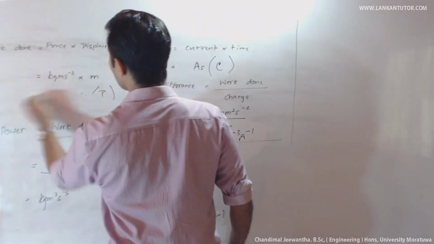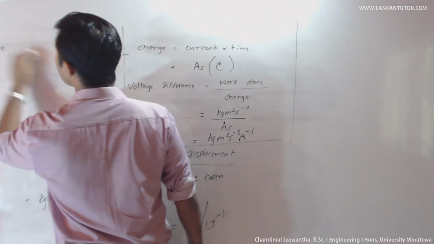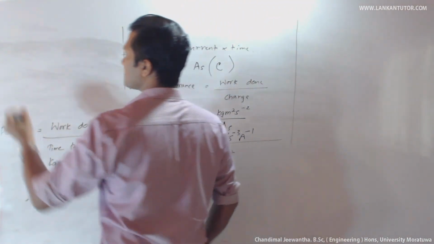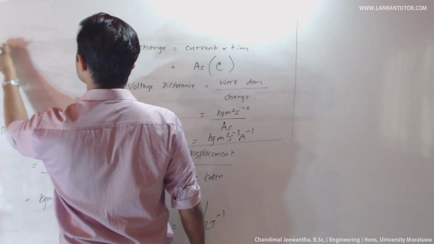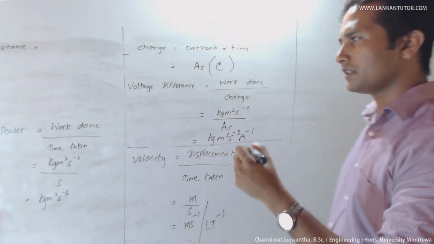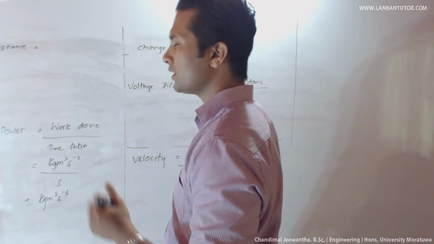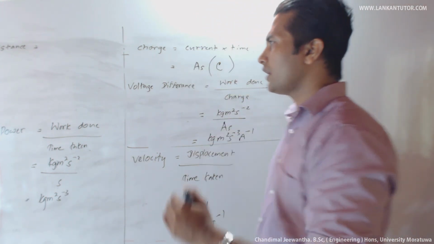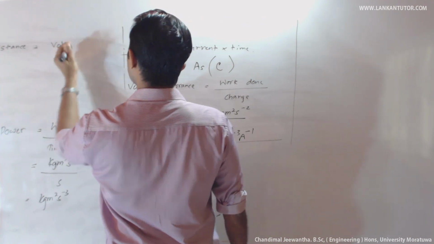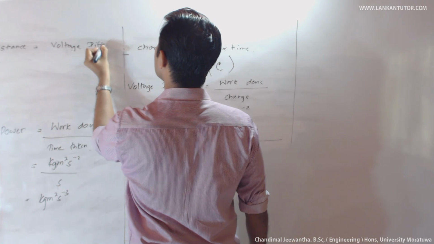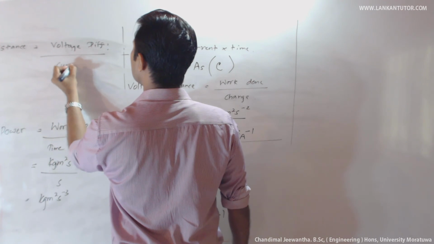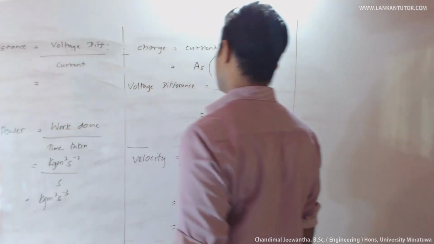Then we can find resistance. How would you find resistance? What is the equation for resistance? That is under current electricity. The well-known equation is V equals IR. When R is the subject, that is voltage difference divided by current.